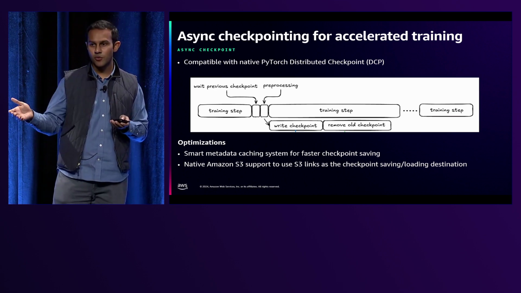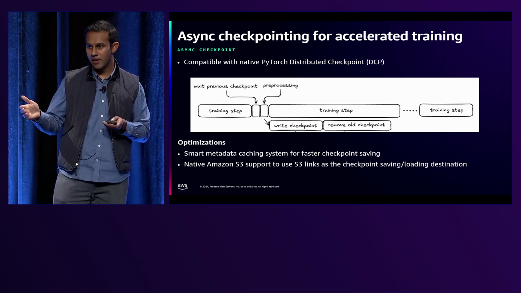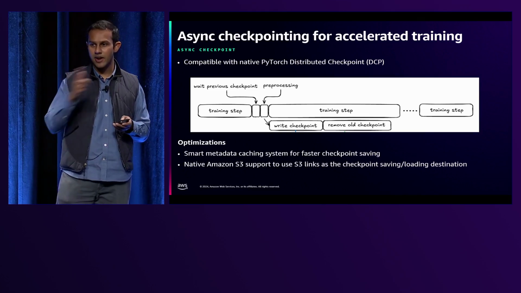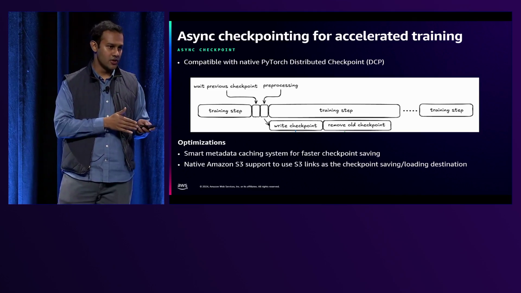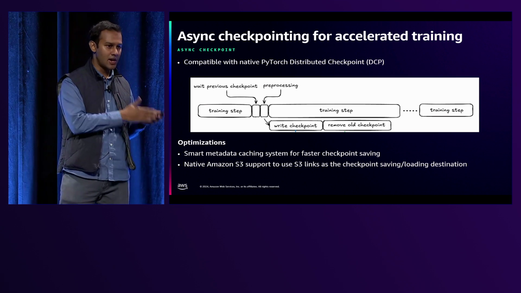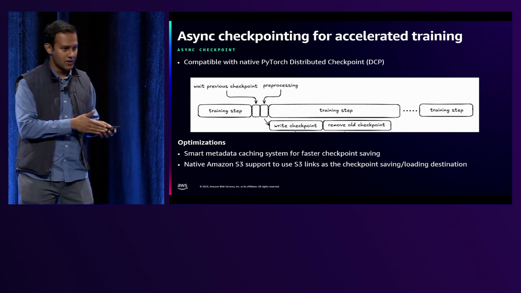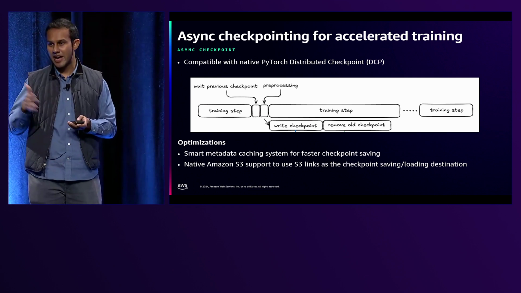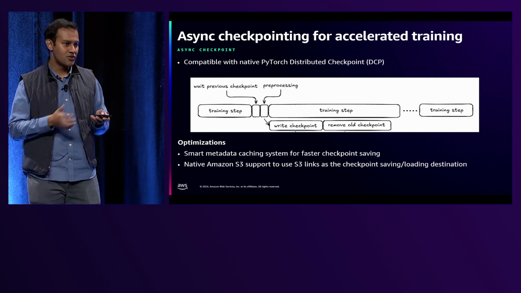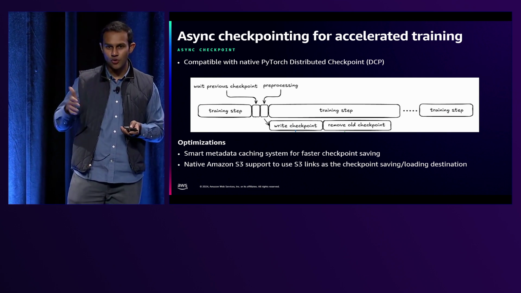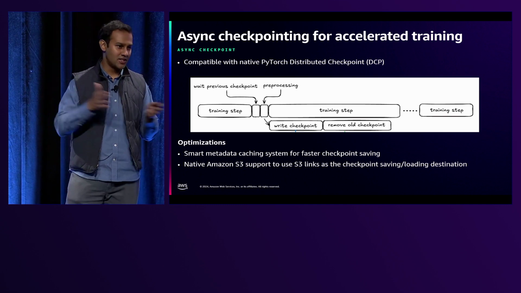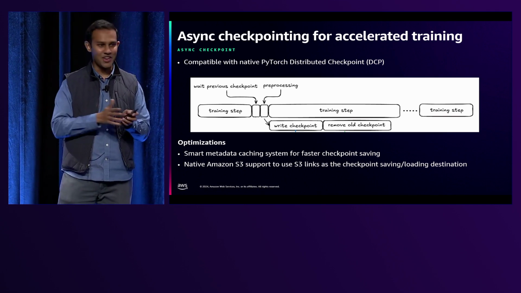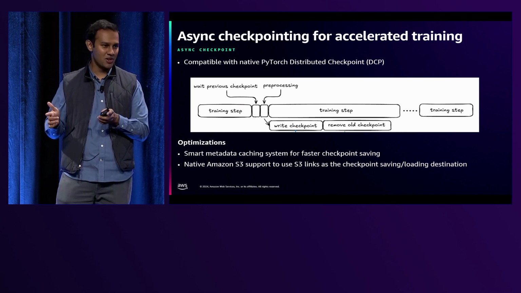There might be a software glitch that causes your training to fail. At this point in time, instead of stopping everything and rerunning training from scratch, what you'd like to do is start training from the last saved checkpoint, which means that in an ideal world, you want to checkpoint as frequently as possible. But the trade-off here is that if you checkpoint too frequently across thousands of devices, your GPUs are waiting and you're wasting precious cycles on GPU compute.